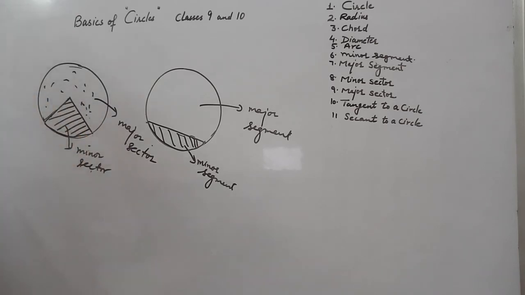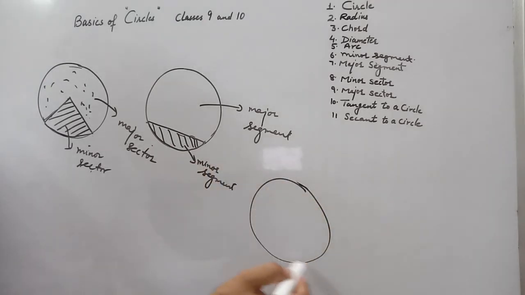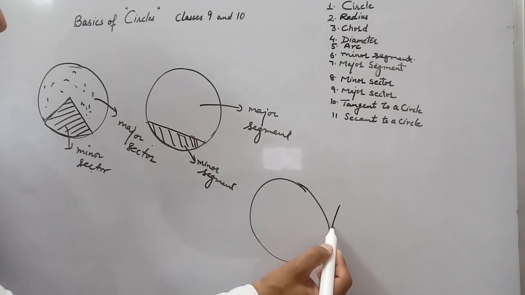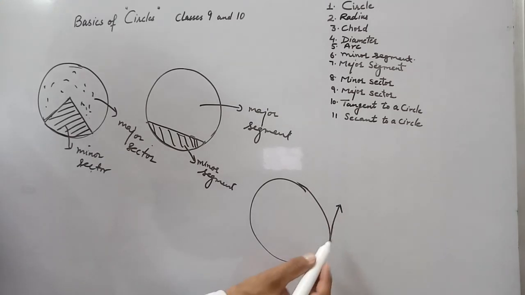So this way. So next is tangent to a circle. See here, on a circle so many points are there. On each point we can draw a tangent. So what is a tangent? A tangent is a line which intersects the circle at only one point.